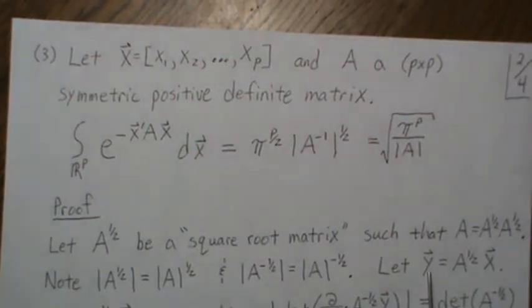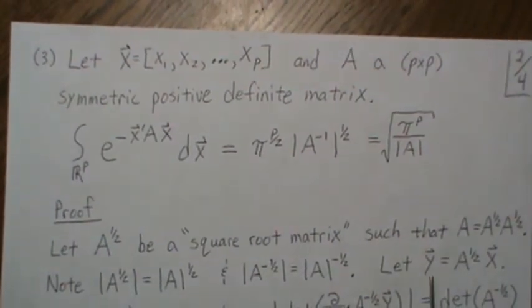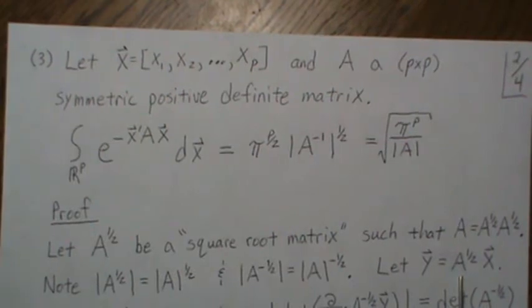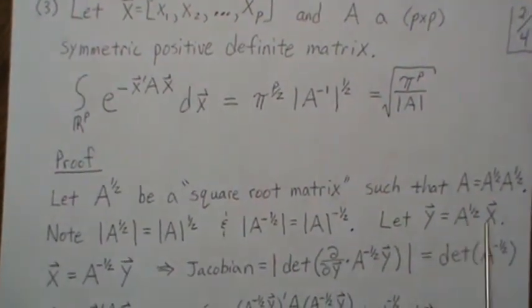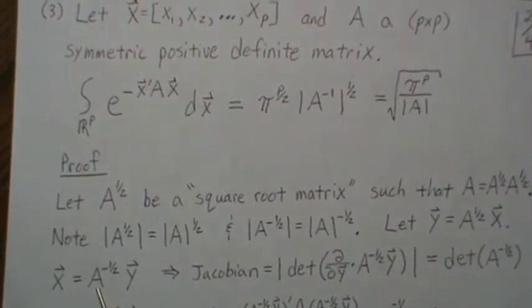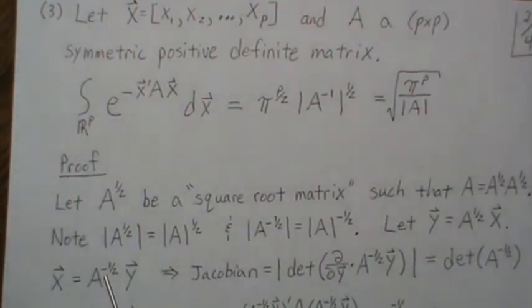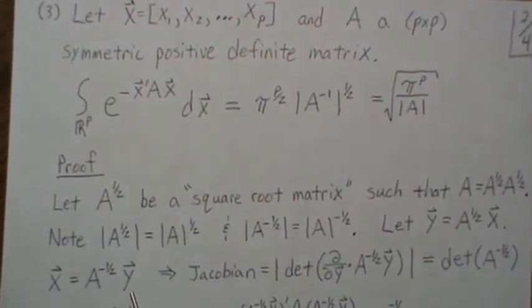So let's do a variable transformation. y is equal to A to the 1/2 x. And then we can back solve for x, and we get x is equal to A to the minus 1/2 y.